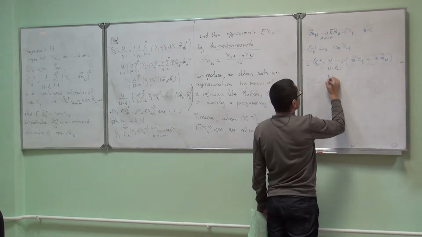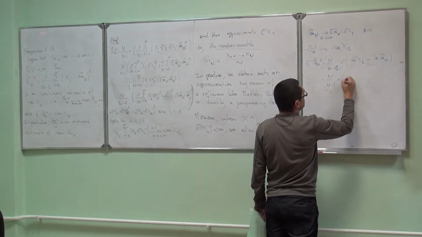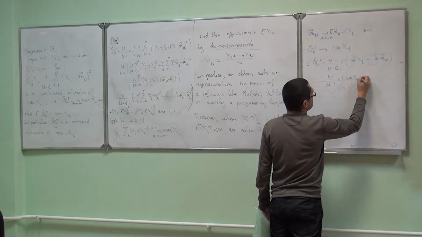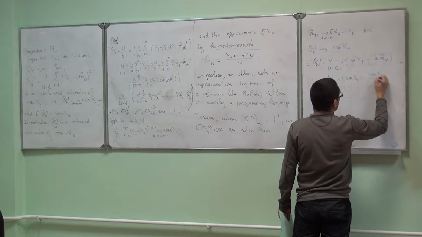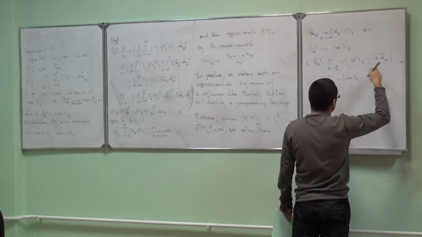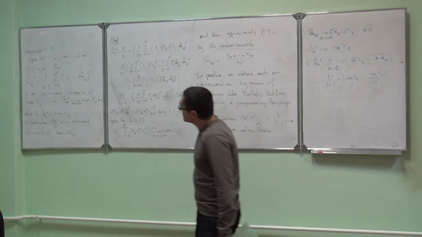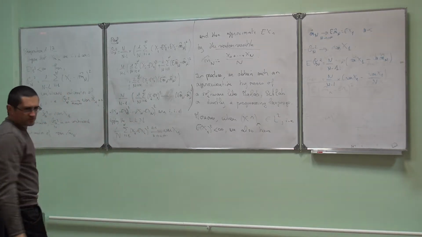That is n over n minus 1 times variance of x1 minus variance of x1 over n. This is the result we got in the previous proposition.